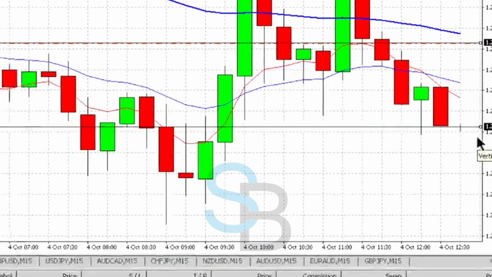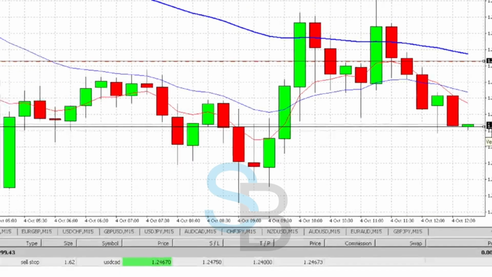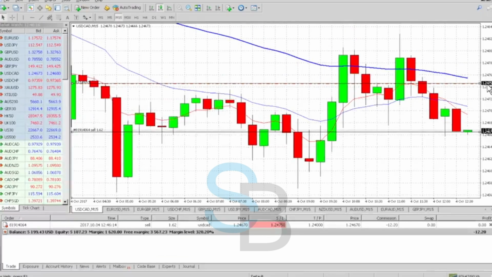All right. So my entry will be 2467. Stop loss 2475. Now, bear in mind that my target price has to be 1.5 times away. So my stop loss is 8 pips. So my target price has to be 8 times 1.5, 12 pips below the entry price.